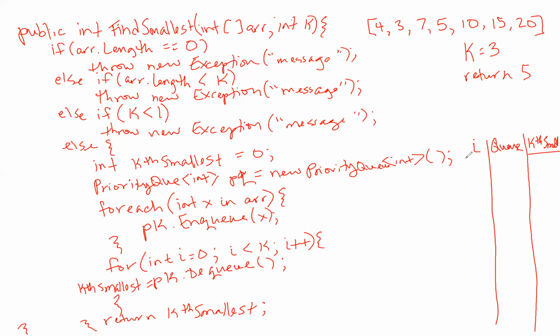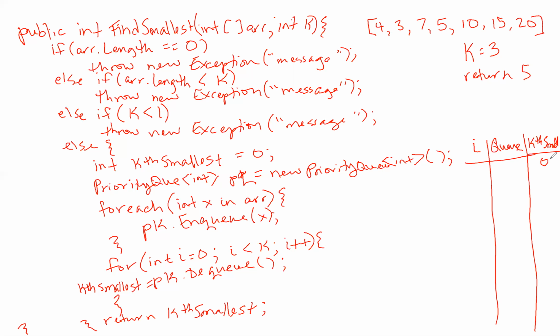So first we come in, and if array.length equals 0, which it doesn't, we keep going. Else if array.length is less than k, which it's not, else if k is less than 1, which it's not, else we have int smallest, which starts at 0, and we've got our priority queue made up.